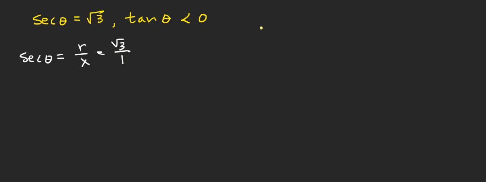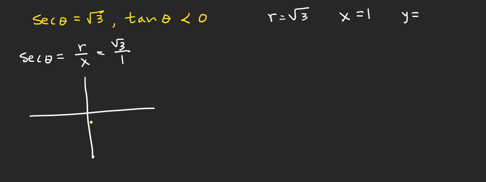So this means r is equal to radical 3 and x is equal to 1. And we need to find the value of y in the fourth quadrant. So basically we have a triangle that looks like this, where r is radical 3, and x is 1, and we've got to find the value of y here.